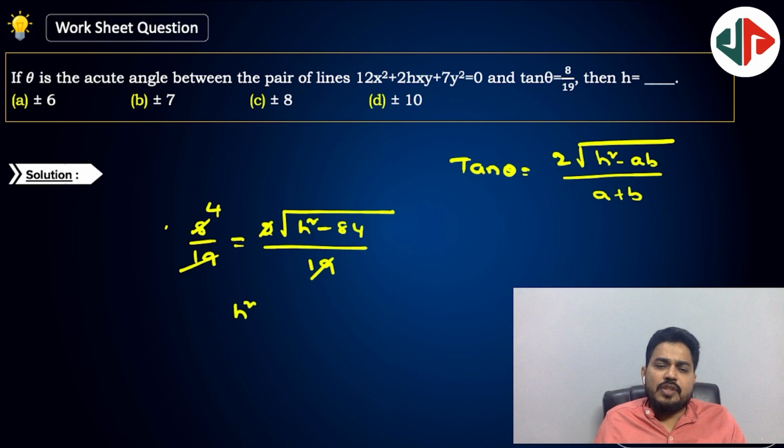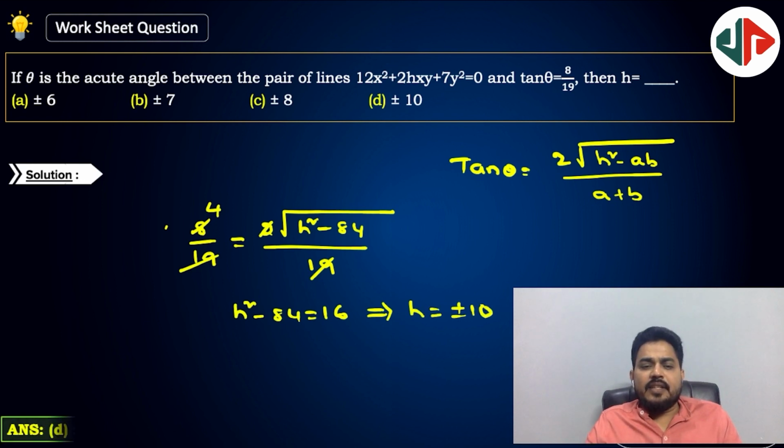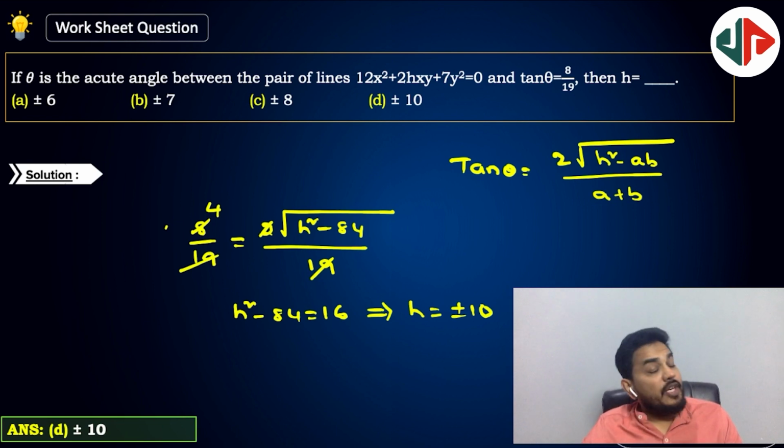So h square minus 84 is equal to 16. So h is equal to plus or minus 10. The answer is this. So what is the formula property you need? Tan theta is equal to 2 root over h square minus ab by a plus b.